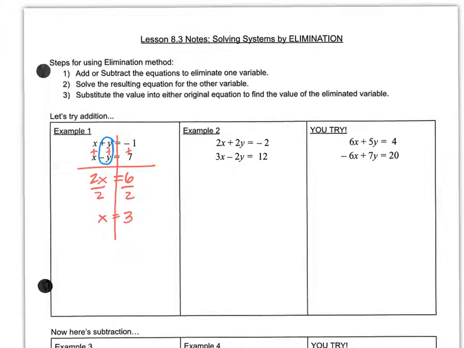I'll just choose the first one, x plus y equals -1. Instead of x, I'm going to put 3 because x is equal to 3. That's what we figured out here, so I can replace x with 3. So then this becomes 3 plus y equals -1.